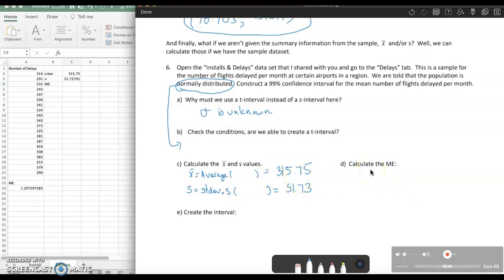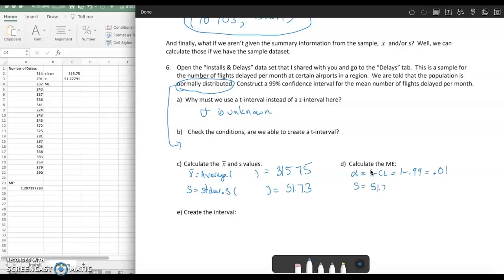I also need to calculate the margin of error, so that's the same way we've been doing that all along. We find alpha by doing 1 minus the confidence level, or 1 minus 0.99 in this case, which is 0.01. We have an S value now that we have found of 51.73. And our N value is, they didn't tell us that, so we actually just have to look.